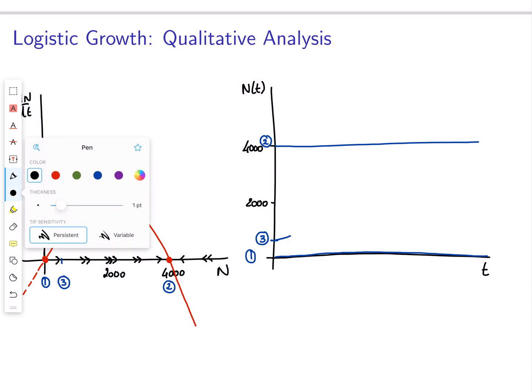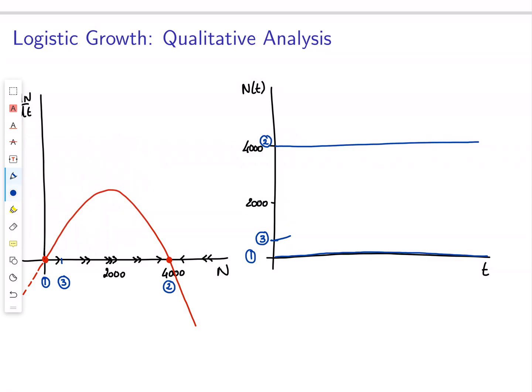And so the maximum slope is reached at 2,000. So my slope is increasing, increasing, increasing. My maximum slope is reached at 2,000, and now the slope is starting to become shallower. And so there's my solution, and as I get closer and closer to 4,000, I get shallower and shallower and shallower.